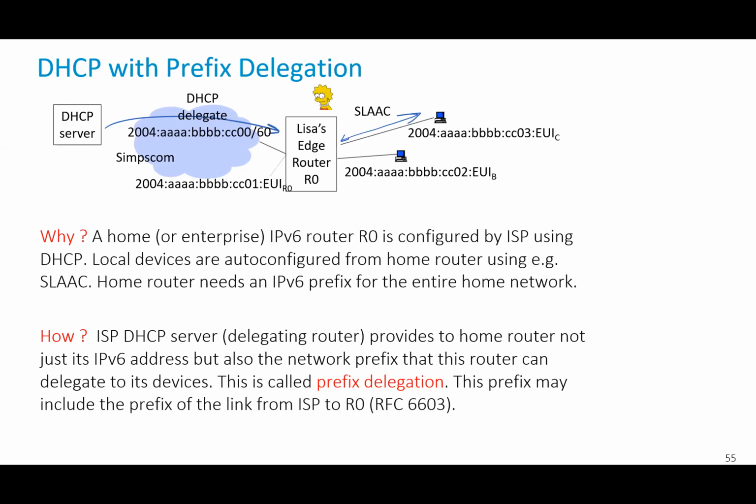A last little thing that is sometimes visible to us is what is called DHCP with prefix delegation and exclusion. If you're at home with your edge router, so your ADSL modem, that's the way we usually call it, for IPv6, you expect to receive from your operator not just one address, but a block of addresses.